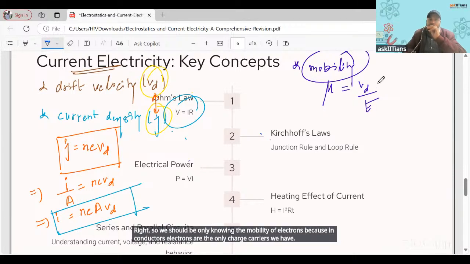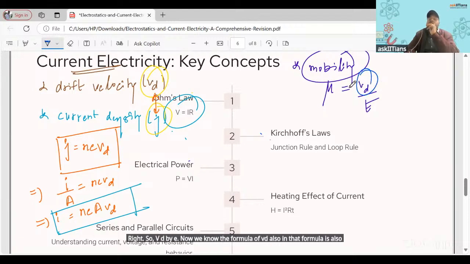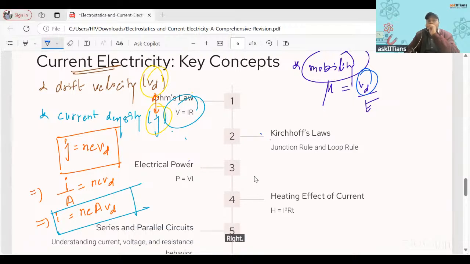So vd by E. The formula of vd with relaxation time is also important, and I'll show you that in the next presentation. So mobility is important.